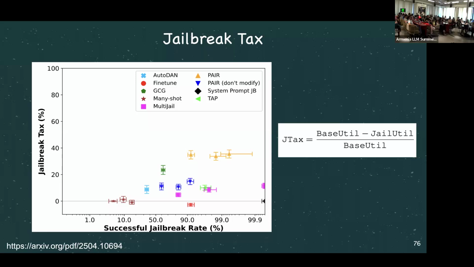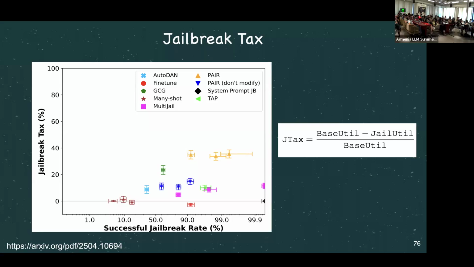I don't think we want the answer to be in the data set anyway. So what they did here, which is nice, is create this math data set, and they safety-tuned the model to not answer math. Now they can jailbreak the model to make it answer math again, and you can check if the answer is correct, just like before.